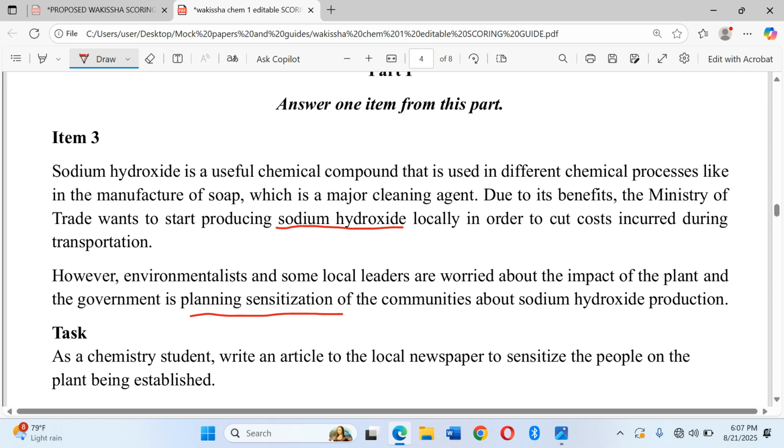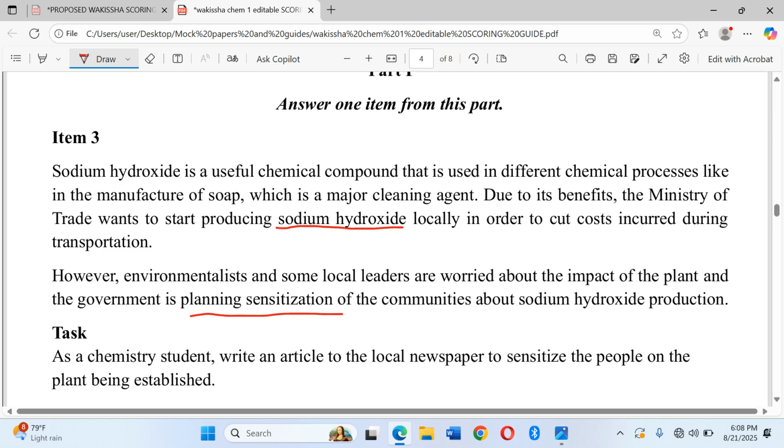So those are things that we need to include in our process of production. Then after that, we look at the side effects of the production process. So what are the side effects of the production process of sodium hydroxide? We put them down. And then lastly, we look at the social benefits of the production process of that product.